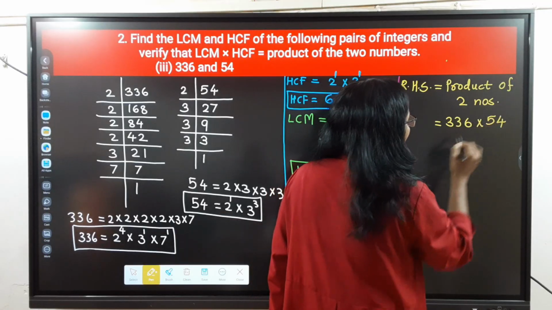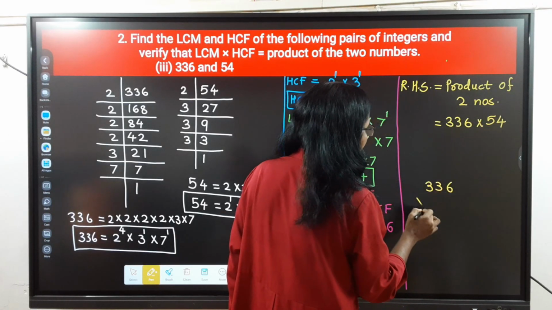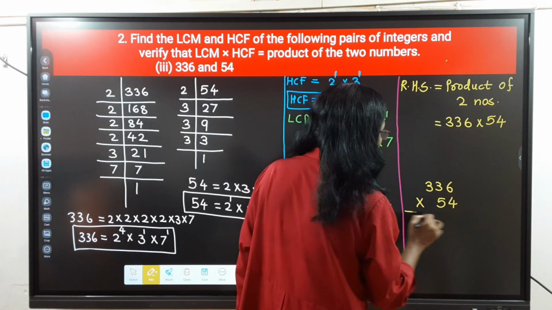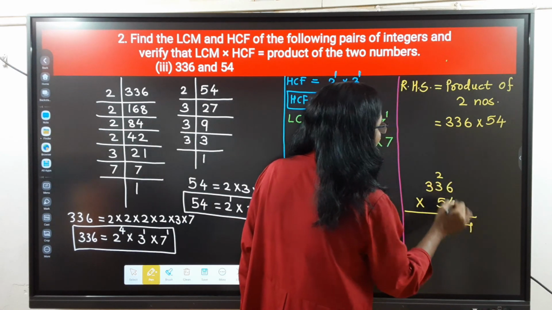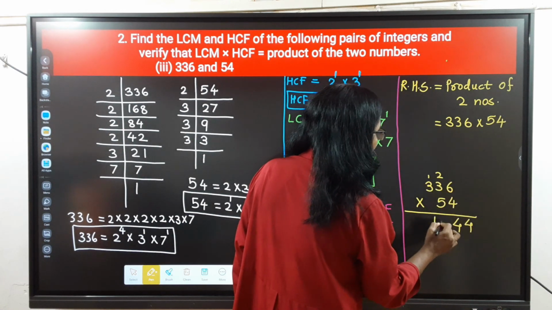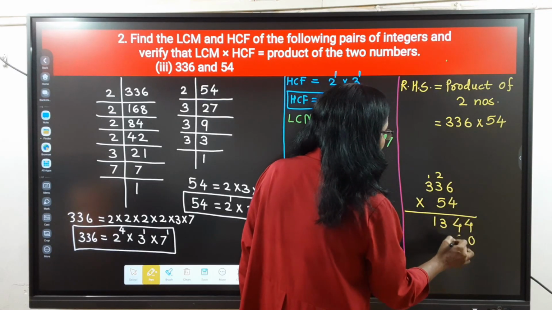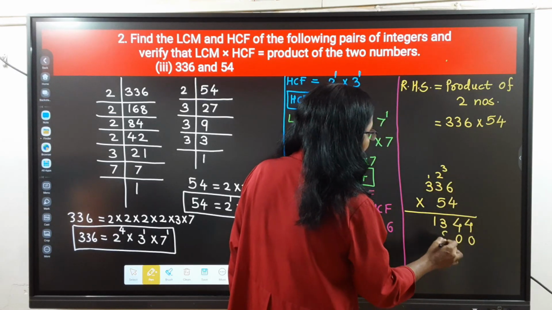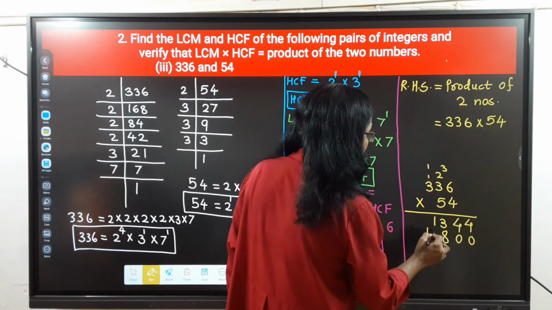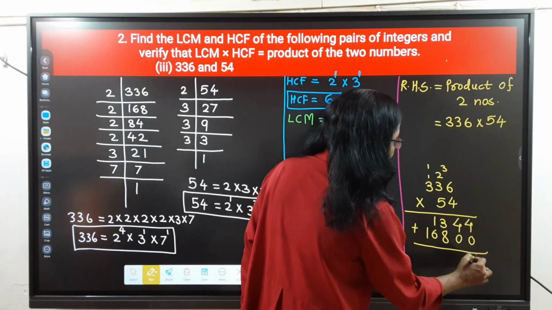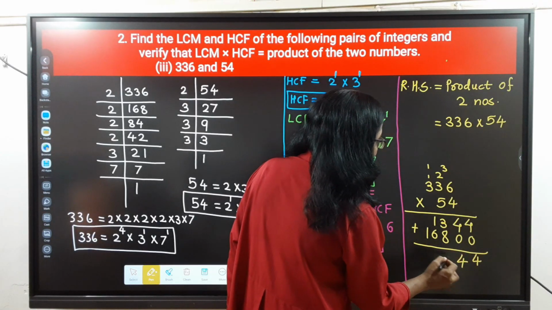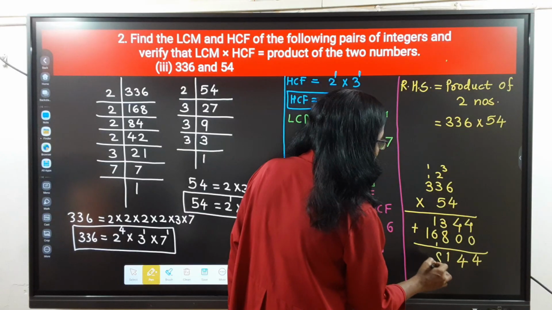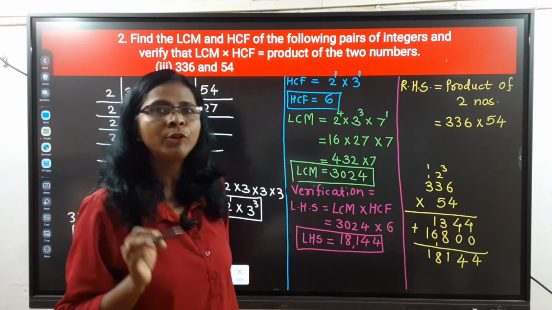Okay students. So here I do the calculation here 336 multiplied 54. So here 24. So here 14, 1, 12, 13 then 0 then 30 here students then 15, 18 then 15 here 16. Okay students. Then here 4 4 then here 11, so 6, 7, 8, so 18,144.